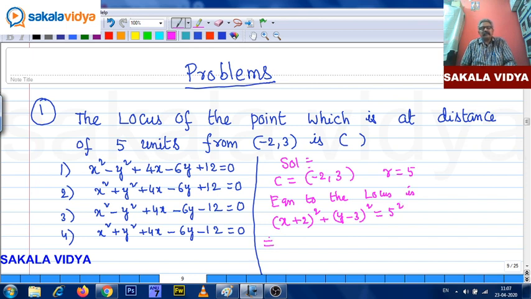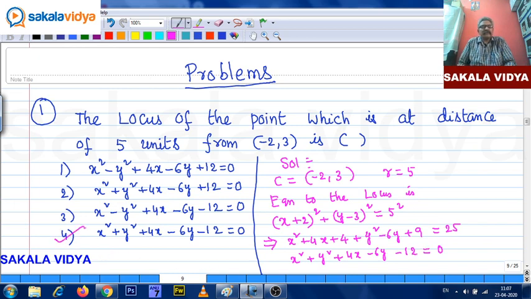So, now we need to simplify. x square plus 4x plus 4 plus y square minus 6y plus 9 equal to 25. So, x square plus y square plus 4x minus 6y plus 13 minus 25, that is minus 12, is equal to 0. So, that means the fourth option is the right option.